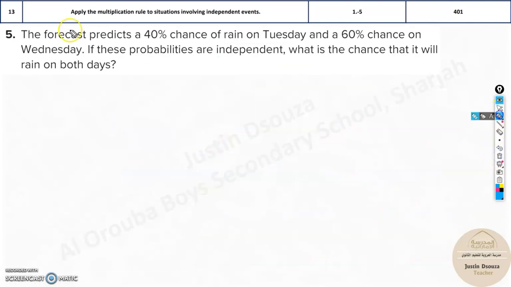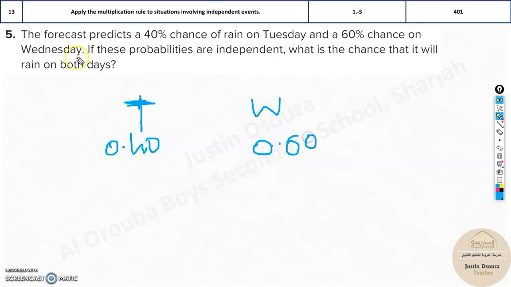I thought I'd stop, but I'll do this anyway because this is a different type of problem. A forecast predicts 40% chance of rain on Tuesday. That is 0.4. And Wednesday it's 60%, that is 0.60.